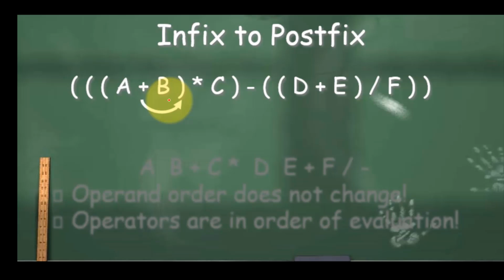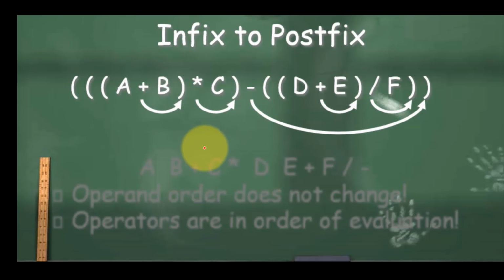You have to remember that. If you're going to convert infix to postfix, when you move the operator, it should be on the right side. Okay, we have moved here the plus, then the asterisk to the right side, this one, and this one. Okay, the minus goes last, the one in between. Then the result would be like this.